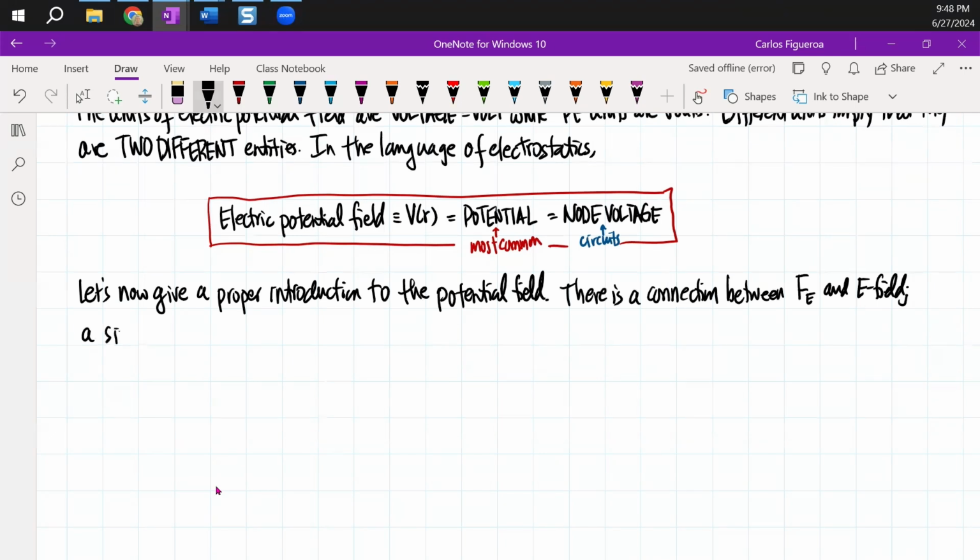A similar connection occurs between potential and potential energy.